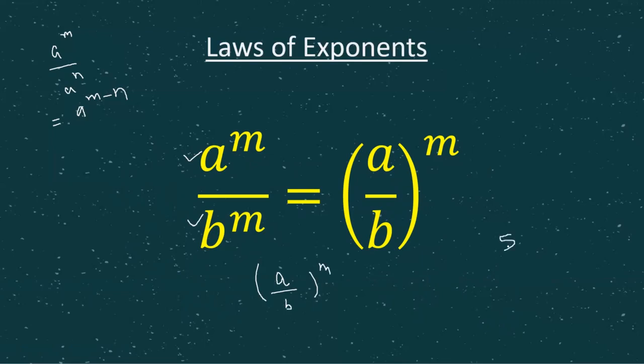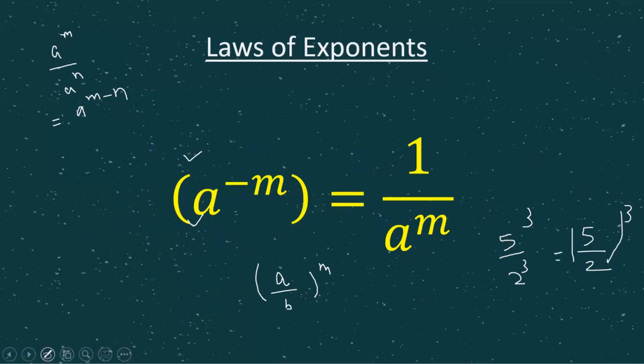If I have 5 cube divided by 2 cube, instead of writing power separately, I can write 5 divided by 2 whole power 3. So this is the way of writing it. Then you can solve it further. So we'll take the questions also later to explain how to solve them. Right now we are just explaining how to solve if this kind of statement is given to you.